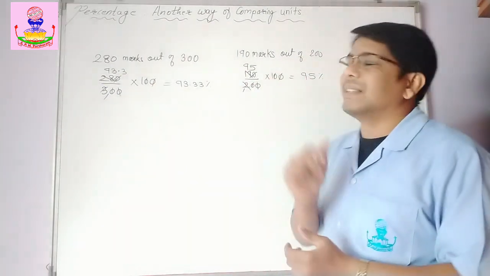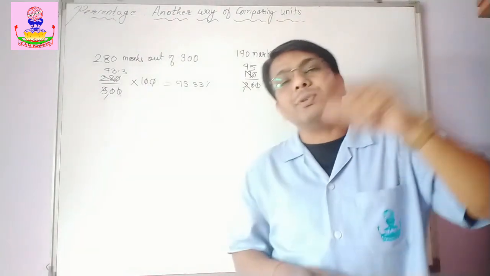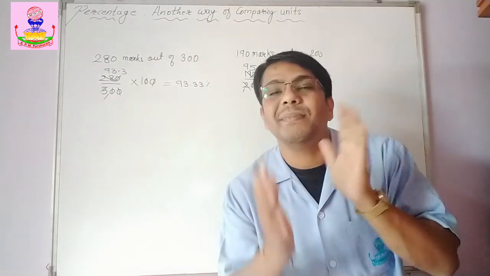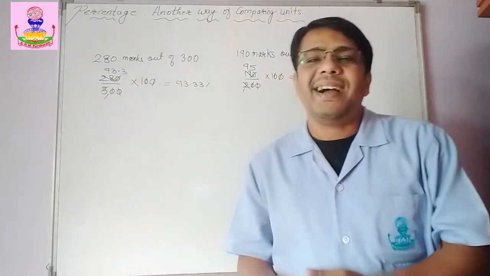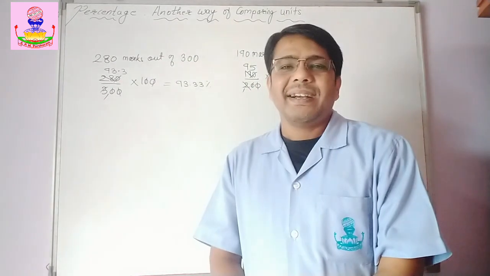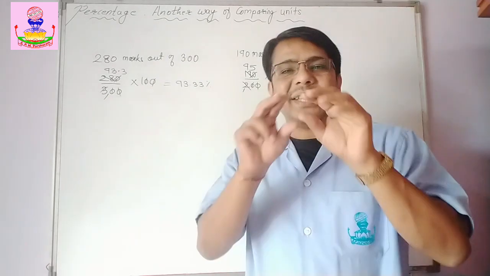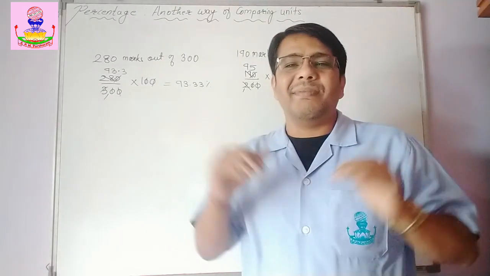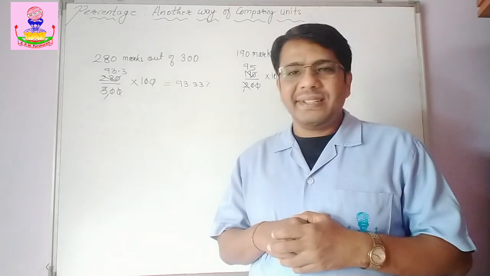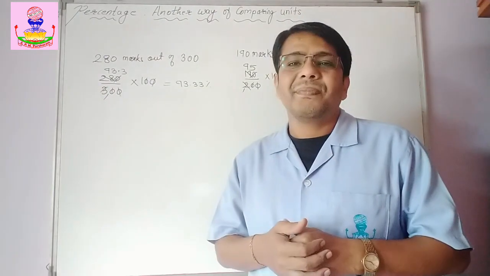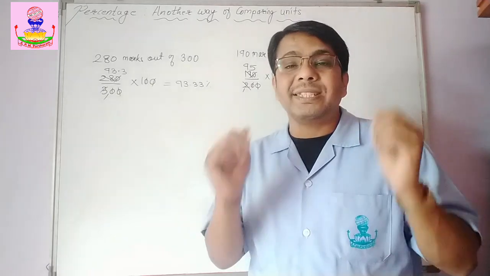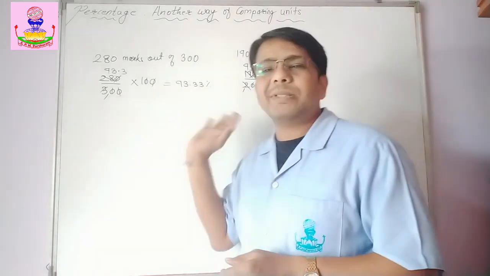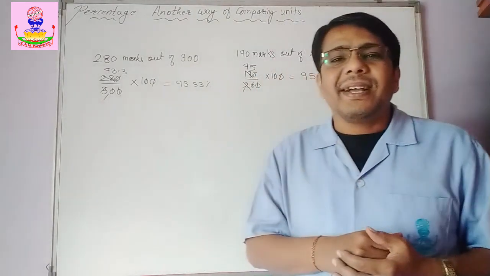Here too we did the same thing. Out of 200, 190 marks, so out of 100 how many? So we brought them to the same level, right? And thus we were able to say definitely who has performed well, right?